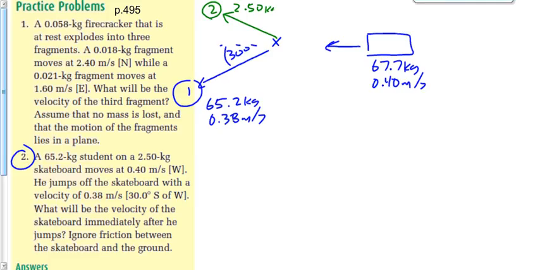But I'll tell you what, because we have a leftward momentum, a westward momentum before this explosion took place, it actually might go up here somewhere. That's possible. We know it's going to go up, but we don't know for sure that it's going to go to the left. I think it is, and that's the way we're going to draw it anyways. If we guessed wrong, then it'll work out.